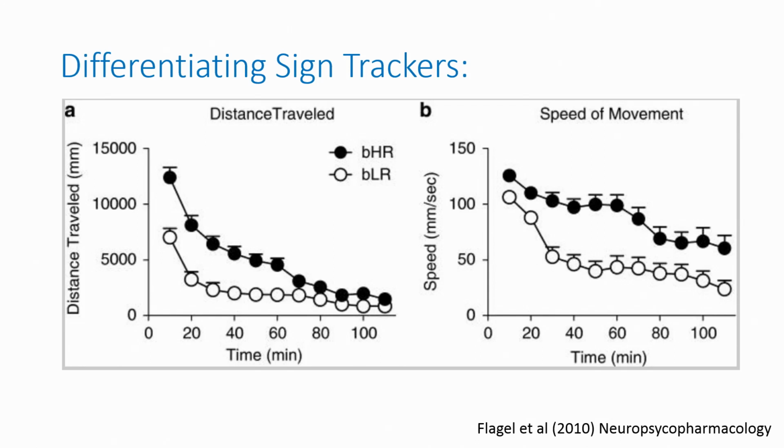They call it high responsive, and the reason is that, as you can see in the graphs here, they are measuring distance traveled and speed of movement in this locomotor assessment task, where clearly the high responder rats are moving a larger distance. As a function of time they have explored enough, so they come back down. But that is the notion.